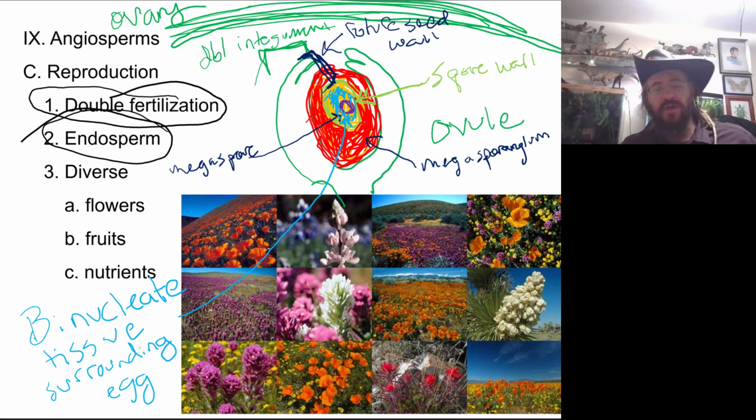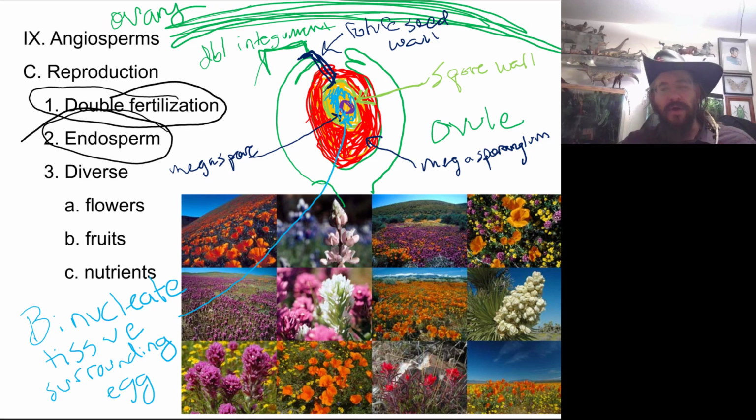So they can be distributed furthest and widest seed-wise, and the seeds can last in dormancy longest, right? So their seeds can handle even worse conditions. So that's a big deal, right? That double integument layer producing a thicker seed coat. That endosperm producing better nutrients, right?